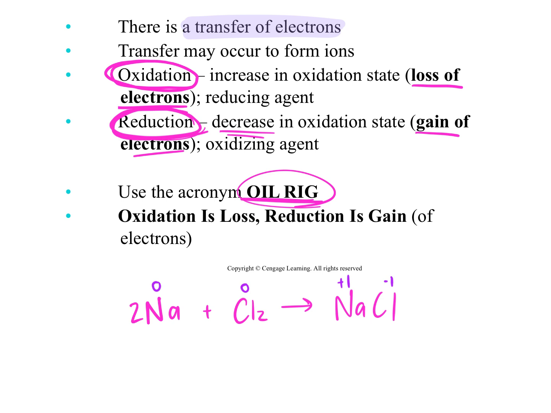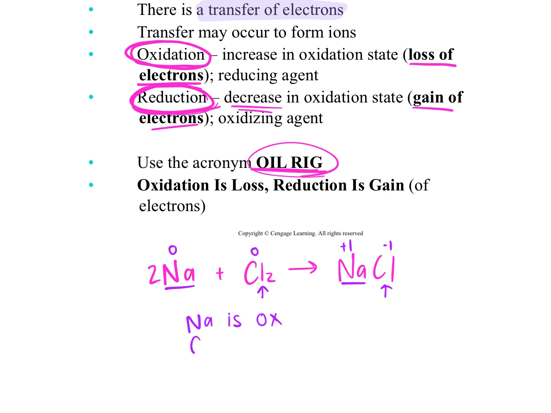So which one lost electrons, sodium or chlorine? Sodium. So sodium is oxidized, and chlorine is reduced, because chlorine gained the electron. That's what we're looking for in a redox reaction: is it redox, and which element was oxidized and which was reduced.